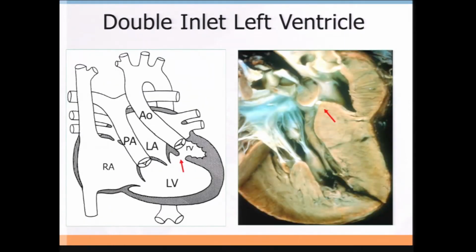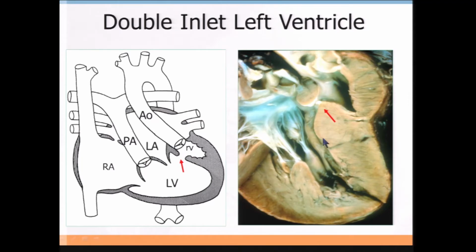This figure shows the typical anatomic feature of a double inlet ventricle. You can see that both atria join to the morphologic left ventricle, and this main ventricle communicates with the RV through the VSD, and the small RV is in the anterior superior aspect of the ventricular mass and gives rise to the aorta.